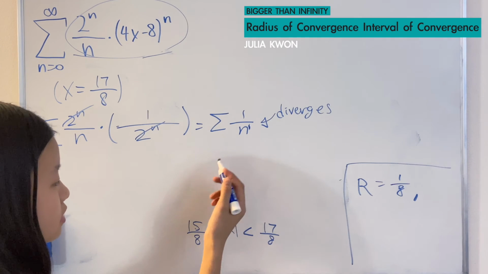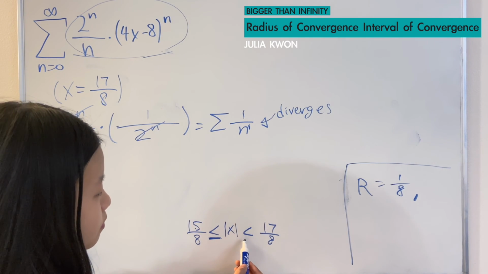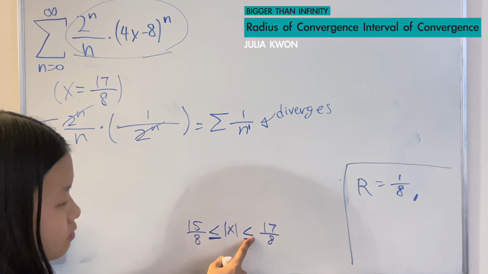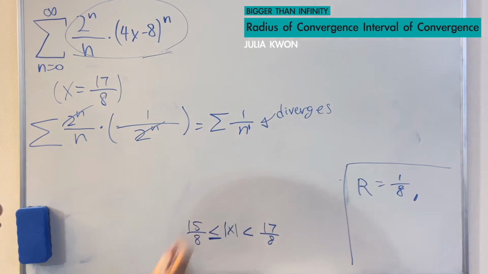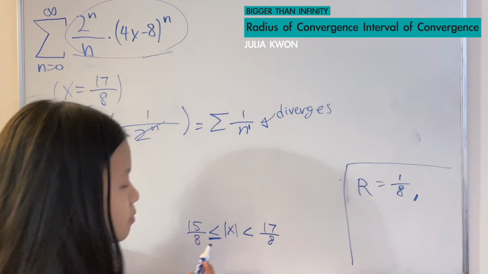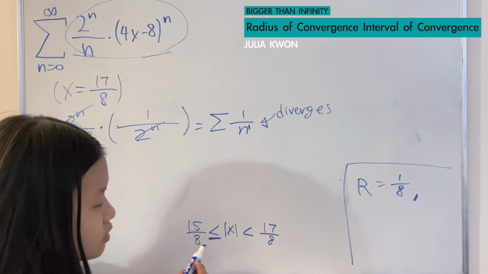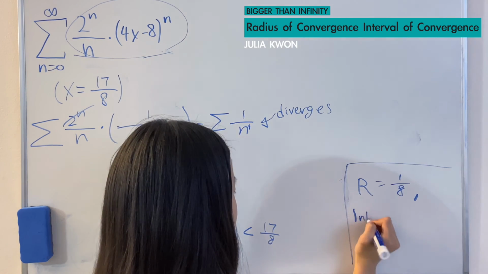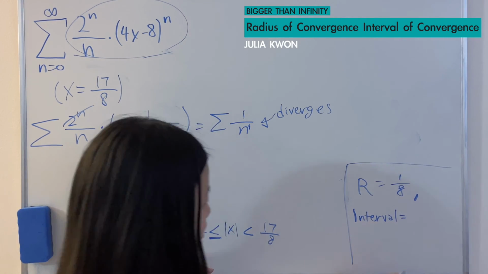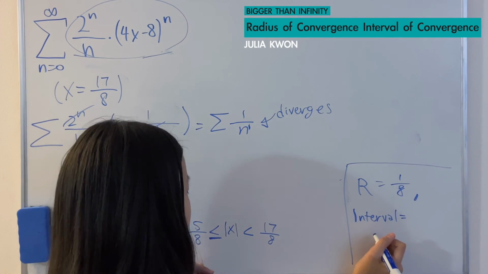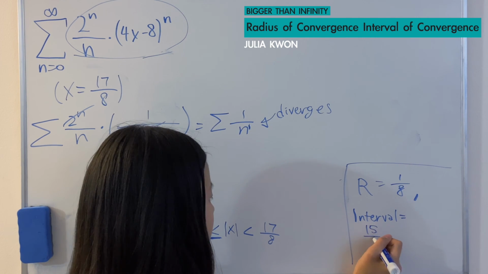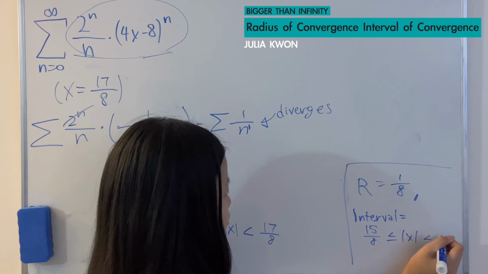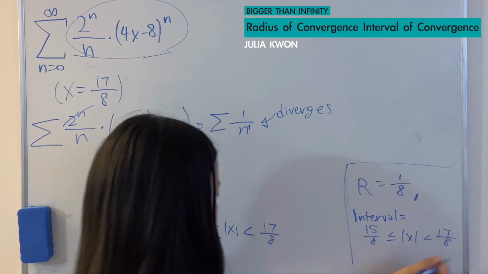So this series diverges, which means that here we don't get a line under since it diverges. So this will be our interval of convergence: 15 divided by 8 is smaller or equal to x, which is smaller than 17 divided by 8.